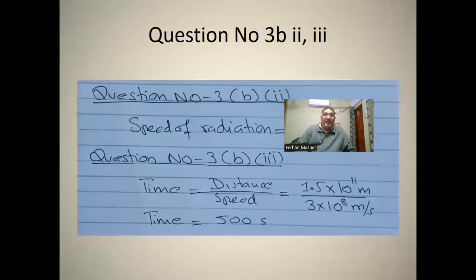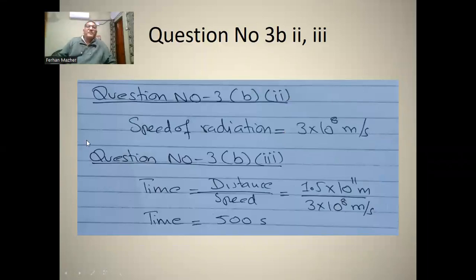Okay, so here we go. The speed of the radiation is 3 × 10^8 meters per second. And for question number 3B's third part, the time is equal to the distance divided by speed, and 1.5 × 10^11 divided by 3 × 10^8. You will enter these values as I speak.